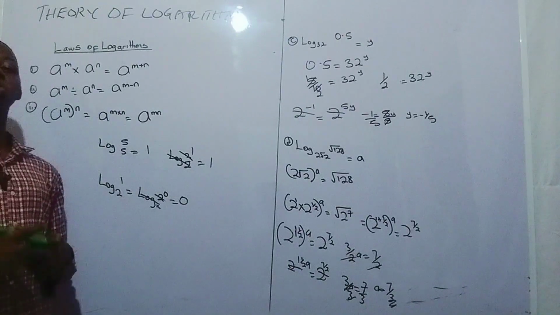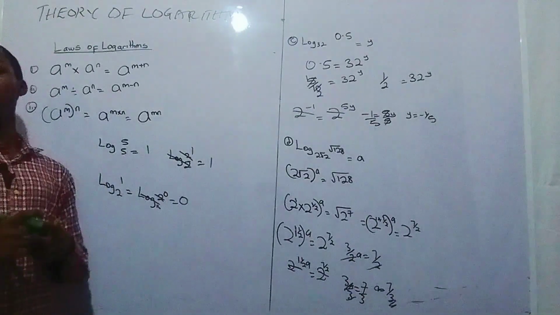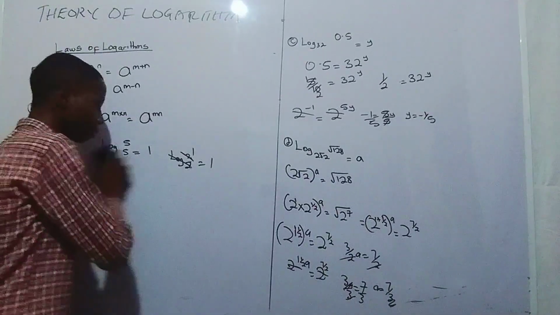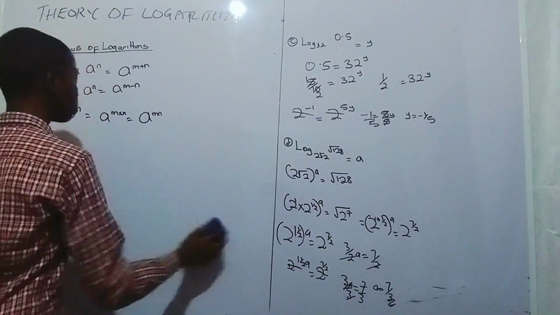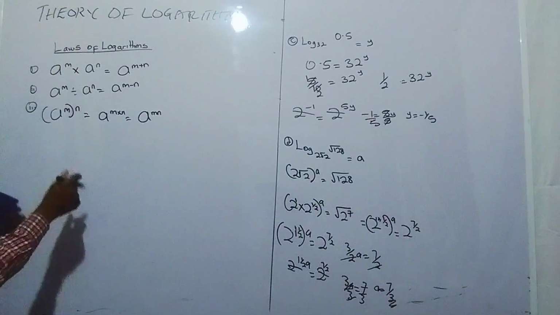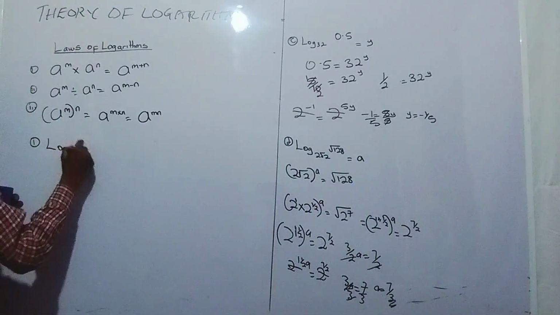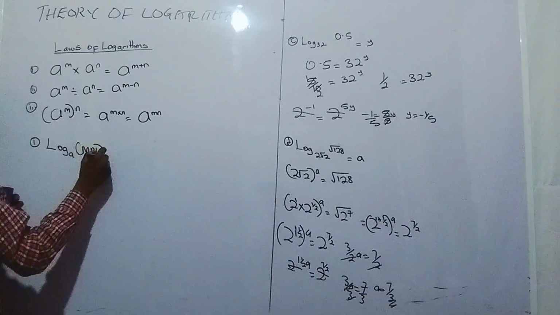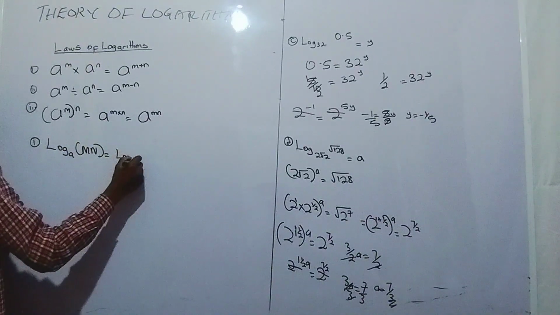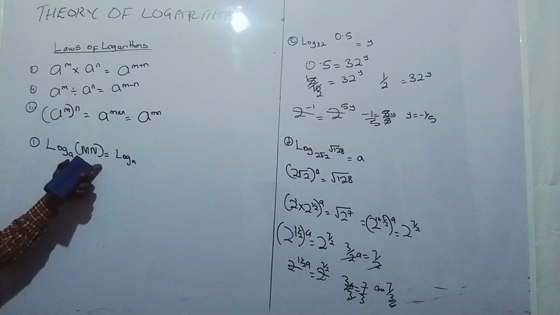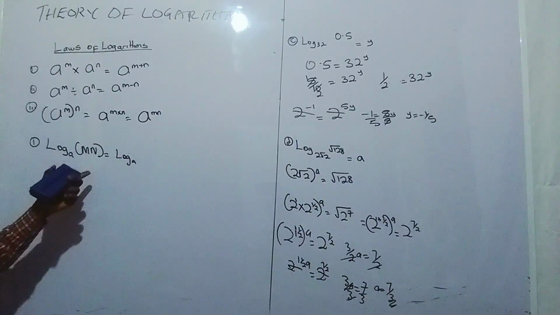So now let's take the laws of logarithm. Let's understand better the laws of logarithm. Alright, so moving to these laws of logarithm, which is the main one. For the first law, mn here means what? m times n, which is what? Multiplication.